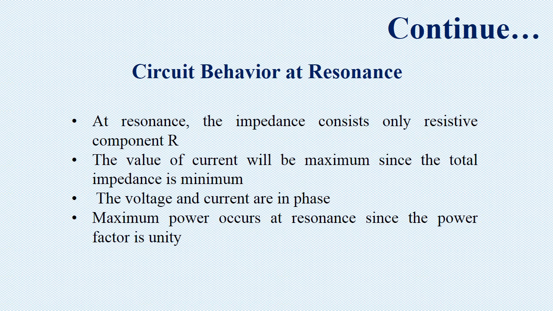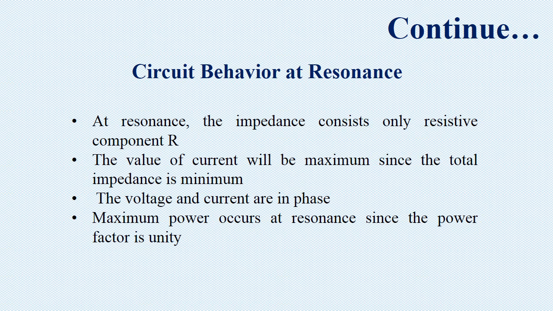And when we have only the resistive element, the voltage and current are in phase, and the phase angle between voltage and current is 0 degrees. We know that the power factor equals cos phi. When the angle between voltage and current is 0, cos phi equals 1, and we have maximum power transfer across the circuit.